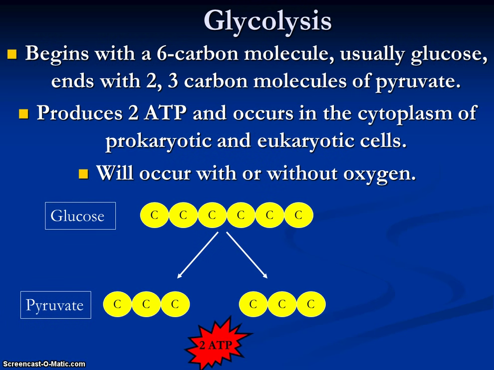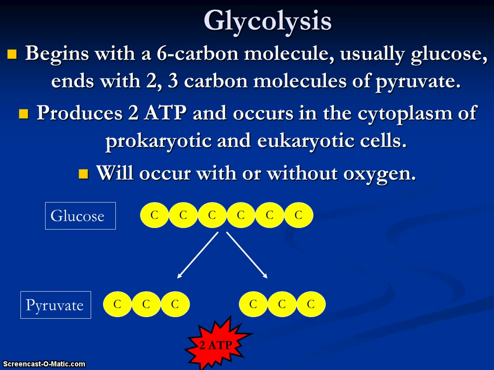All right, let's get into glycolysis. This is the first step of the cell respiration process. When glycolysis is going to start, it's going to start off with a 6-carbon molecule. Usually, it's always going to be a carbohydrate. Usually, it's going to be glucose. And then once you get through the process of glycolysis, it's going to end with 2 3-carbon molecules called pyruvate.